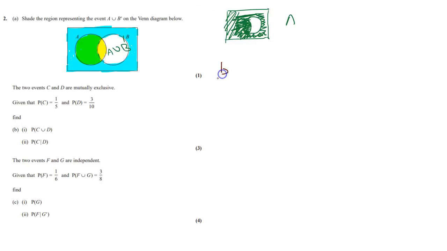Part B. So what is C union D? We know that C union D is probability of C plus probability of D minus probability of C intersection D.